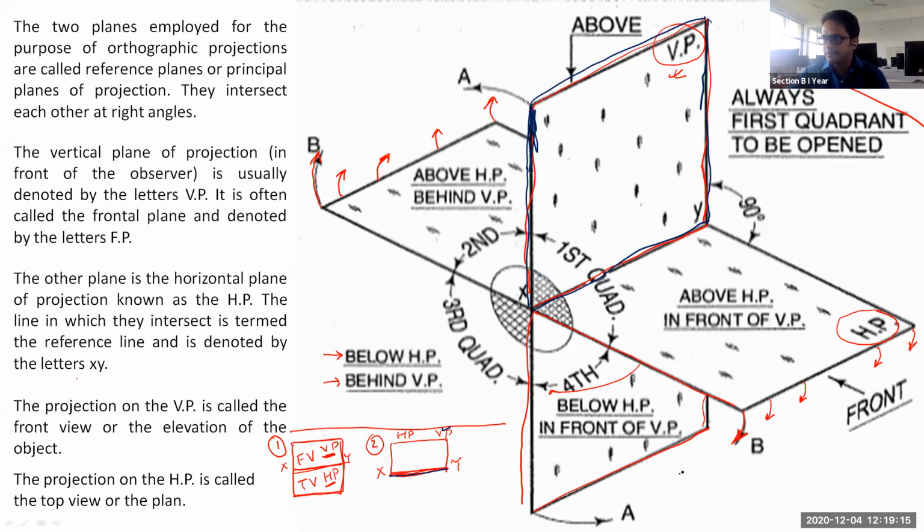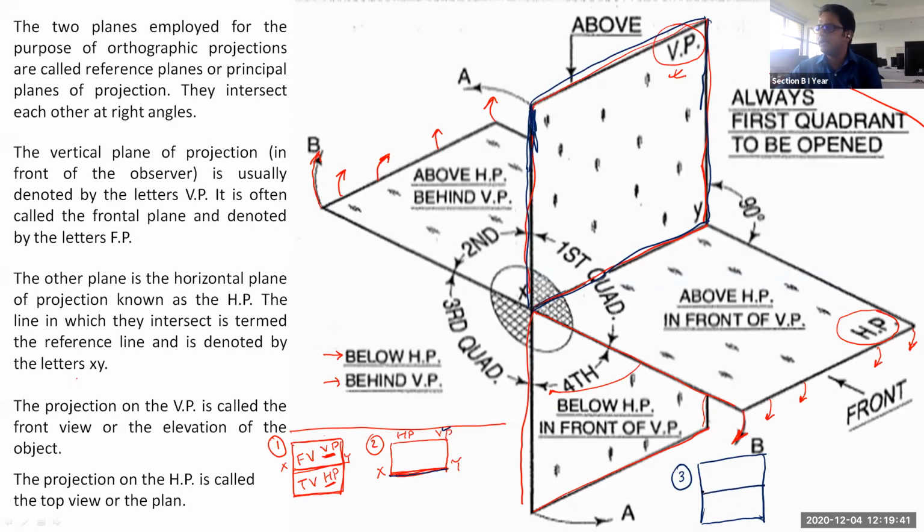Now for third quadrant, I am writing here on this side. What will happen? This horizontal plane will open up in clockwise direction, so it will go above. This will be your reference line and this will be your vertical plane on the downside. Again, you will get one rectangular box.